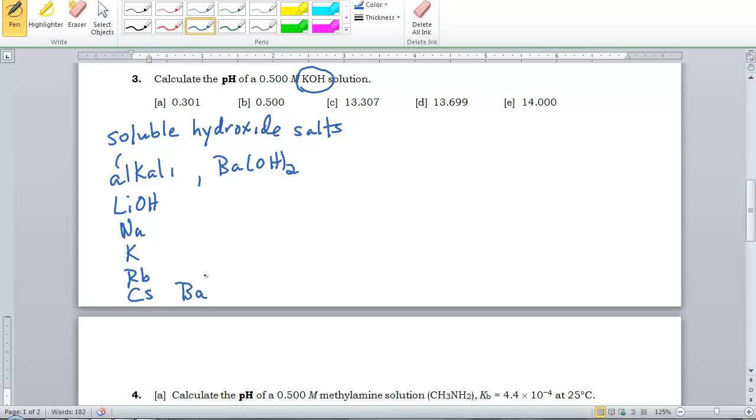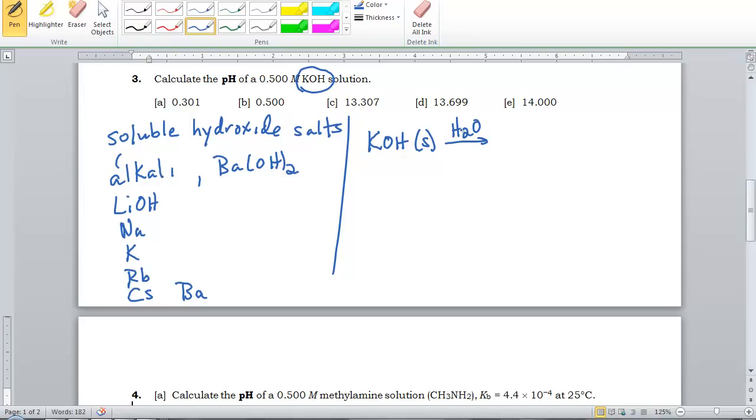Those are really the only soluble hydroxides. When those salts, these ionic solids, dissolve, they're going to give us a lot of hydroxide in solution. Something like potassium hydroxide is a solid, but we can dissolve that in water. It is a soluble salt.